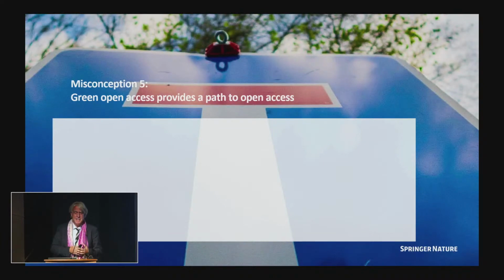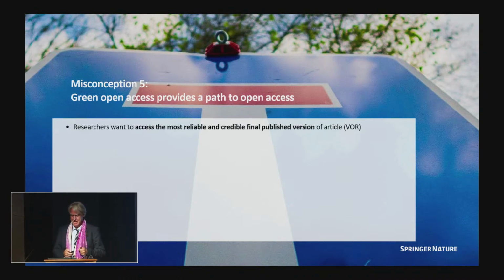And the 5th one is probably the most controversial one for many, because there are different colors of open access. One color is green open access, which is actually using a not fully managed article, not the version of record, to make it accessible. And I would argue, and that's usually where a dialogue happens quite quickly, that that is not helping open science, because it's based on the subscription.